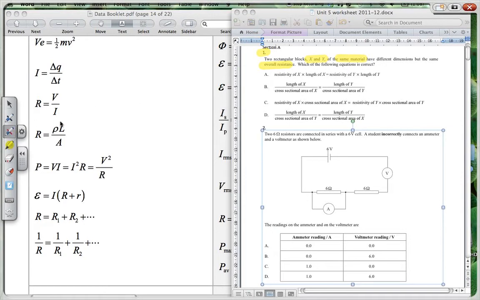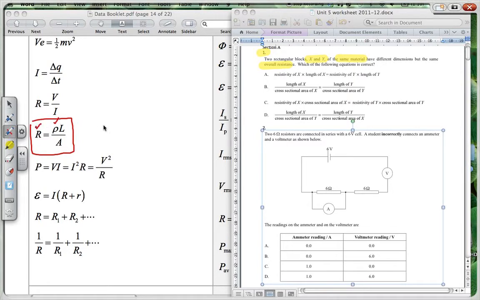Now, obviously when looking at these, I can see that I've got the resistivity, length, cross-sectional area. I must be dealing with this formula over here. Now we're told that the resistance is the same and the material is the same, so the resistivity of both X and Y must be the same.